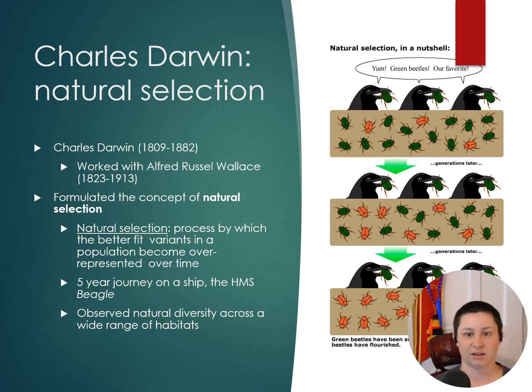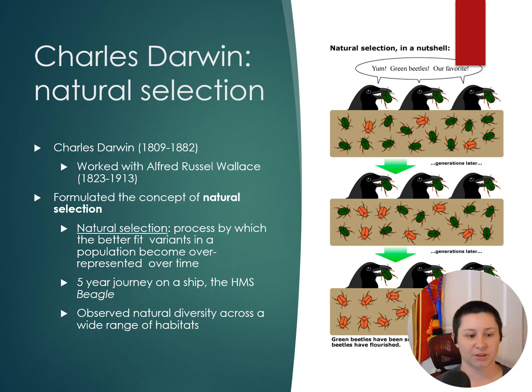If you look at this image here, the crows really like to eat the green beetles. Because more green beetles are eaten over time, the orange beetles have a better fit variant for the environment. And so the orange beetles are able to reproduce more and eventually become overrepresented. This is the process of natural selection.